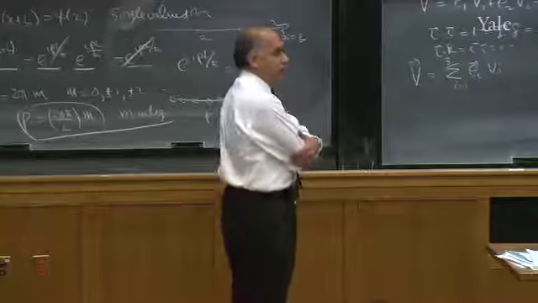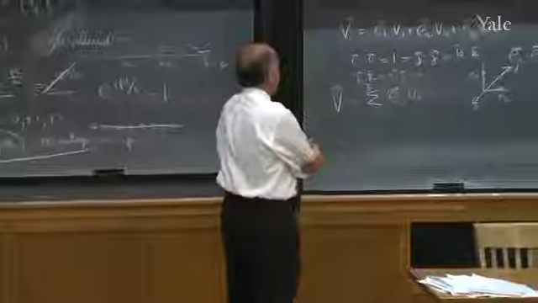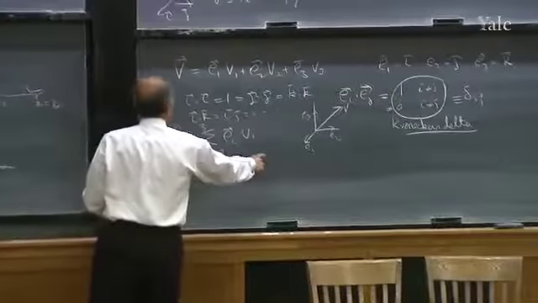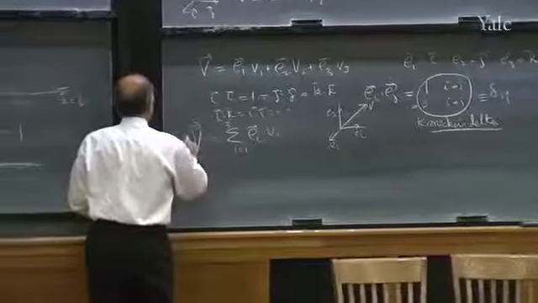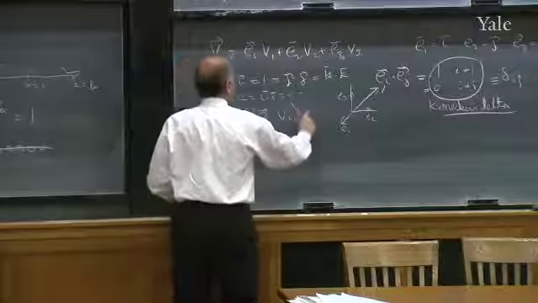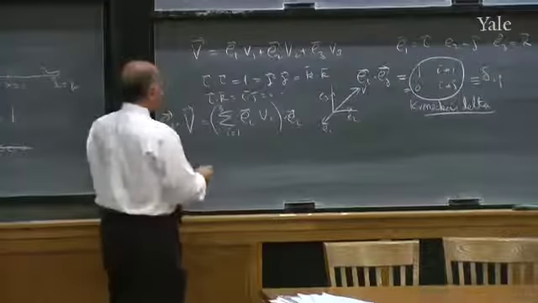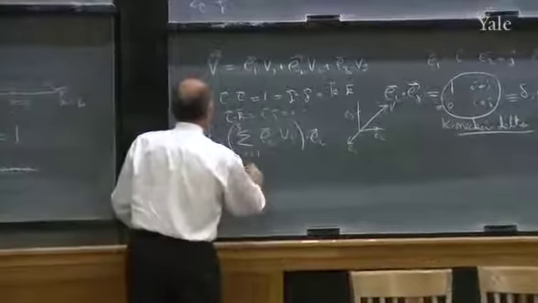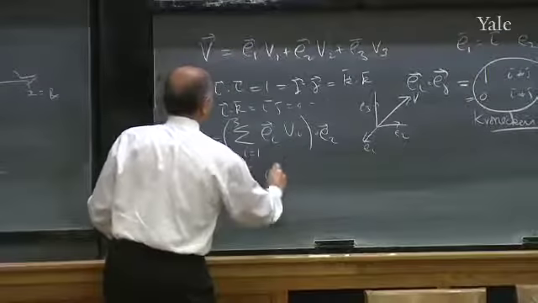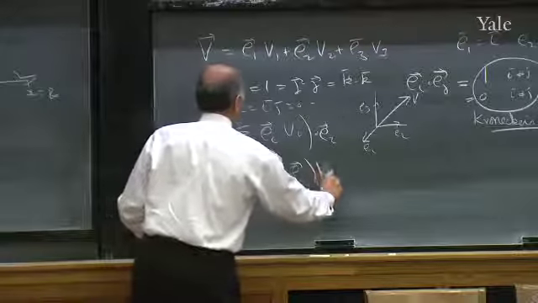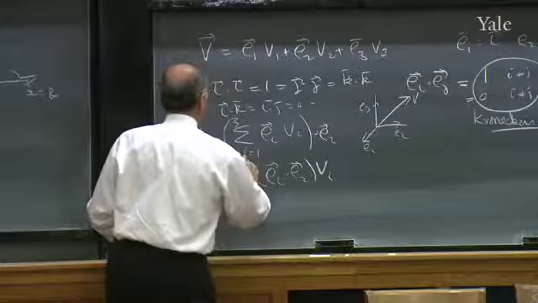Okay, here is the trick. Suppose you want to find v2. You take the dot product of both these things with e2. Take e2 dot this. What happens is the dot product can go inside. You will get e_i dot e2 times v_i, where i goes from 1 to 3.